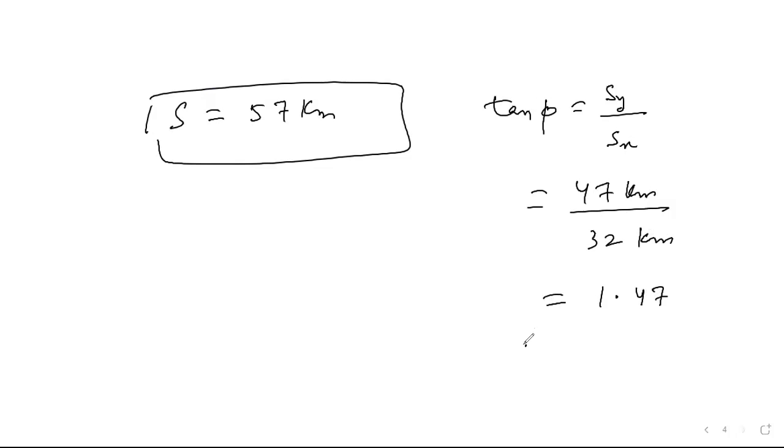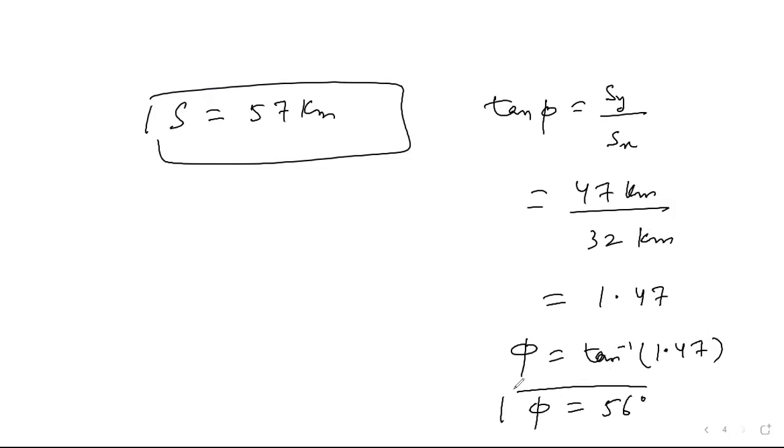So phi is tan inverse of 1.47, which turns out to be 56 degrees. So we have found our resultant displacement.